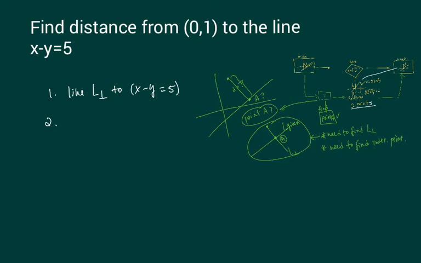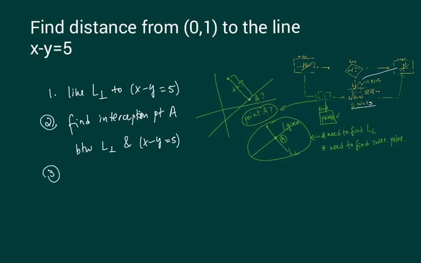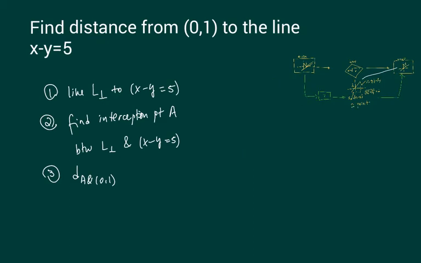Step 2 is we're going to find the intersection point A between the 2 lines, the perpendicular line and x minus y equals 5. And then number 3, we're going to use the distance formula between A and the given point, which is (0, 1). Let's write this out quickly. Let's clean this up a little bit so we have more workspace.